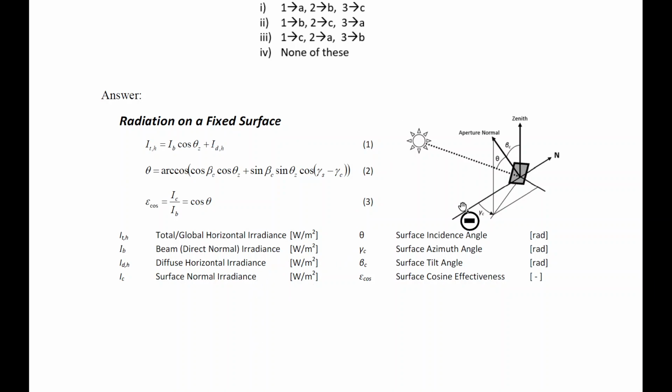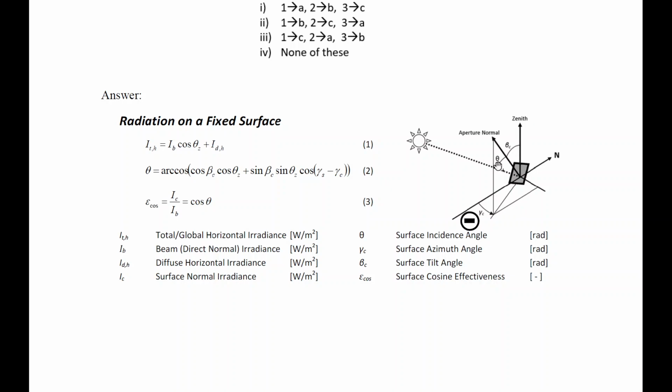If we talk about this figure, theta is the surface incidence angle. It is very clear: it is incident on this surface, and this is the normal aperture. The angle between them is the surface incidence angle. Gamma c is the azimuth angle, which I have already explained. And beta c is the surface tilt angle.